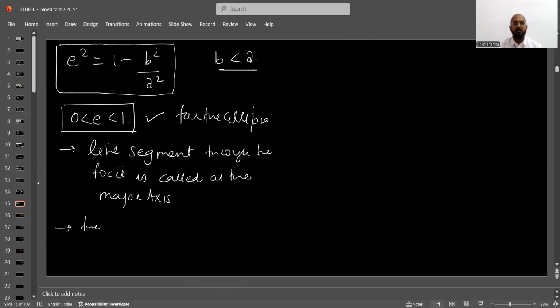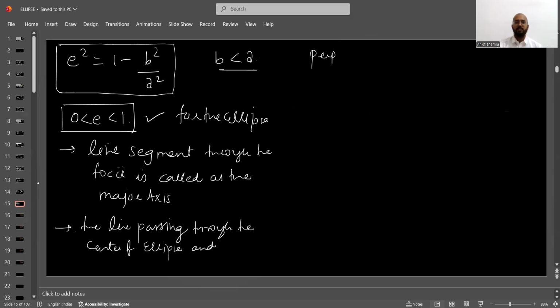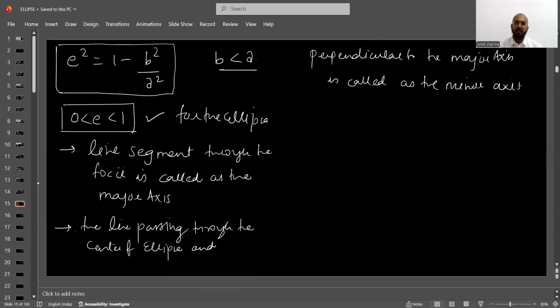So the line passing through the center of ellipse and perpendicular to the major axis is called the minor axis.